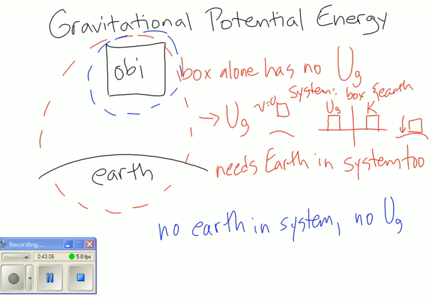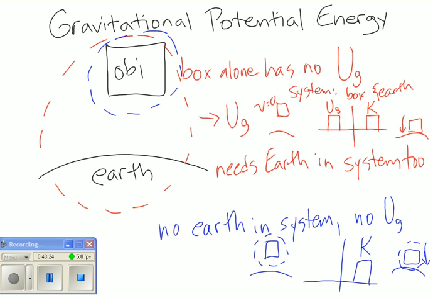If the Earth is not in the system, it's the same reality. Box up here, not moving. Box down here, moving fast. But without the Earth in the system, we'd say that the K we see in the final state comes not from inside the system, but by something outside the system doing work to change the total amount of energy.